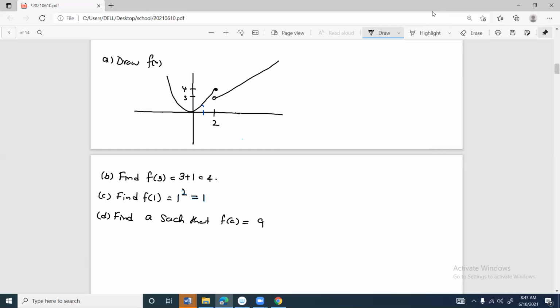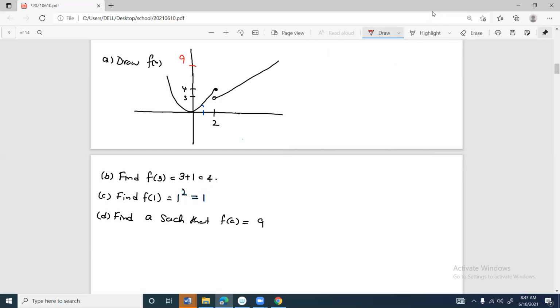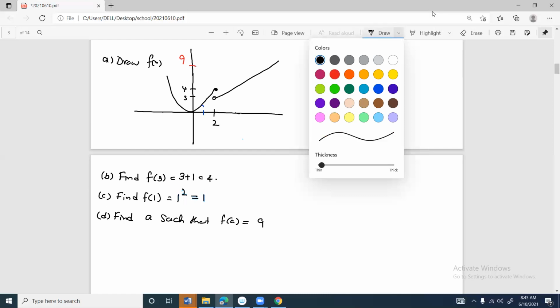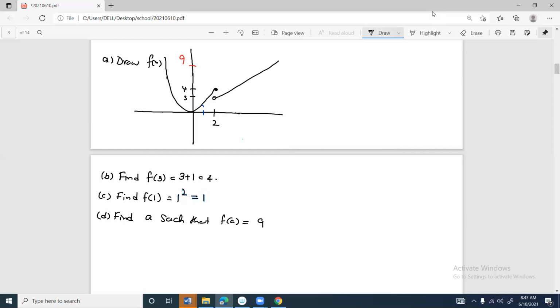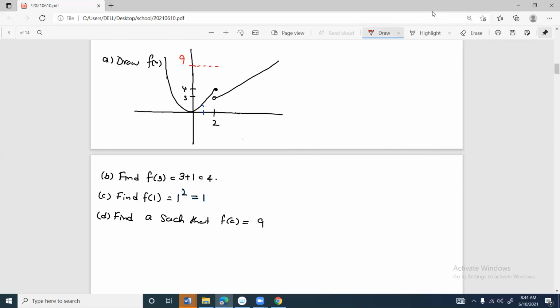Now look at this, how to get this. 9 is a value somewhere over here. I'll use a different color to represent it. It's a 9. So you can see, if I draw a line over here, one solution appears from here and another solution appears from here.